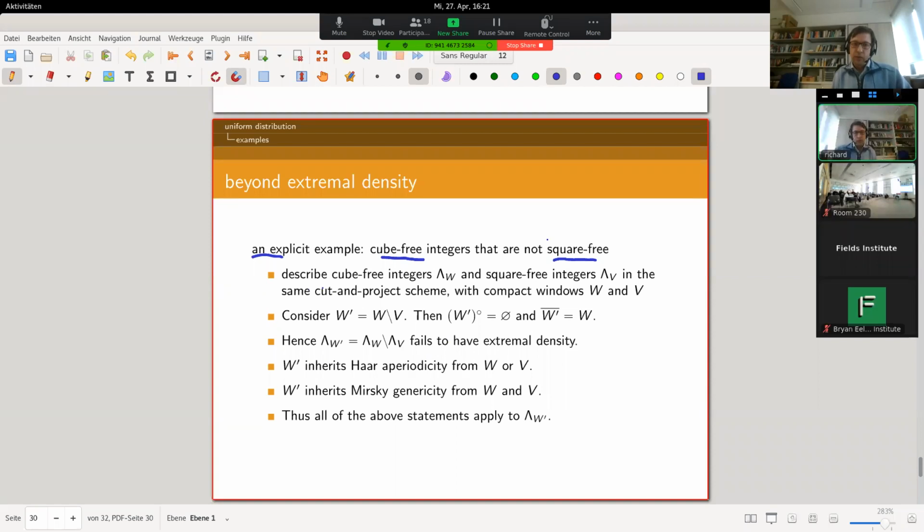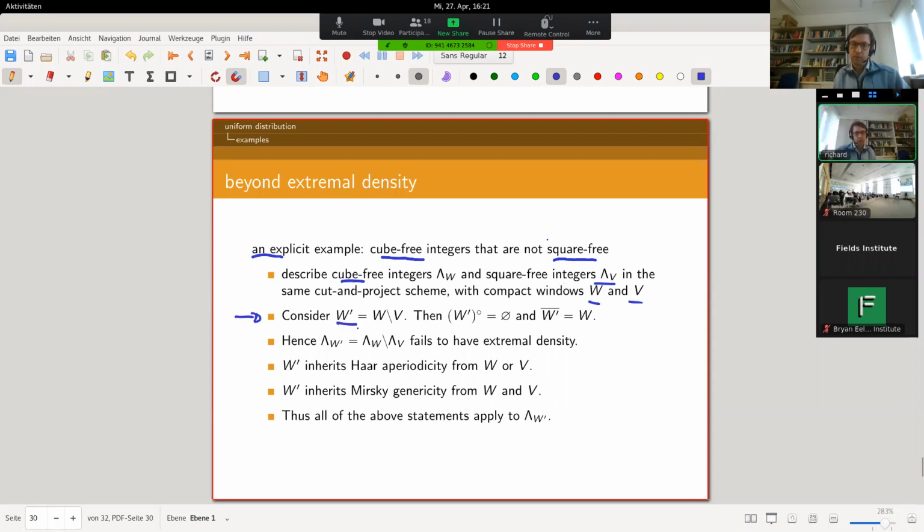What you can do is describe the cube-free integers as a cut and project scheme as I showed you above, but simultaneously you can also, in the same cut and project scheme, write down a window for the square-free integers. Now you look at the difference window.